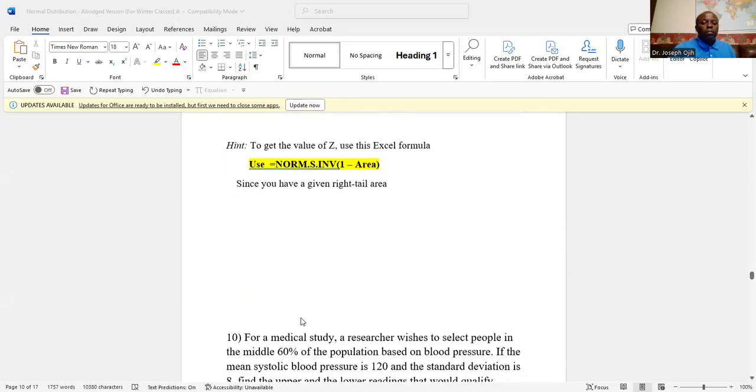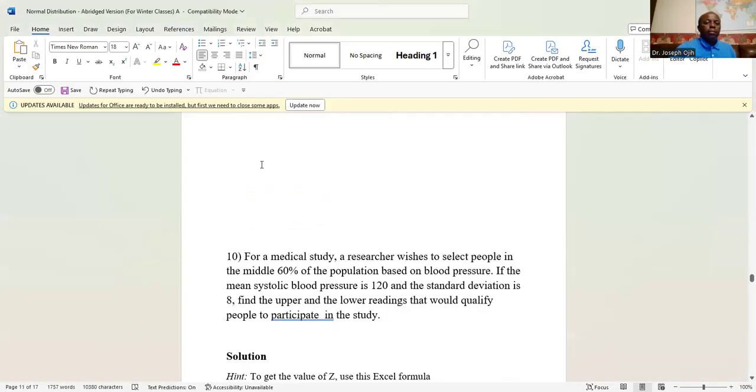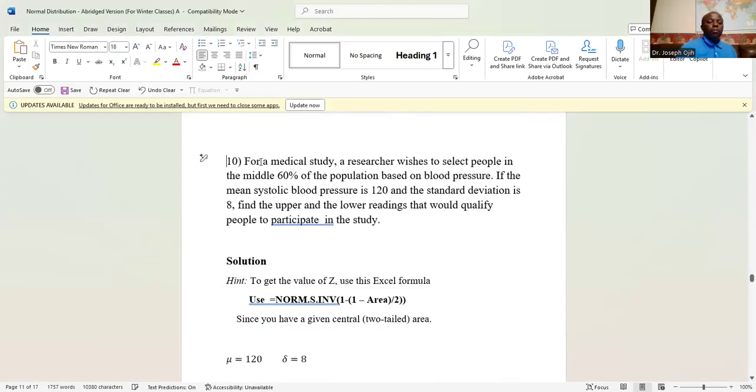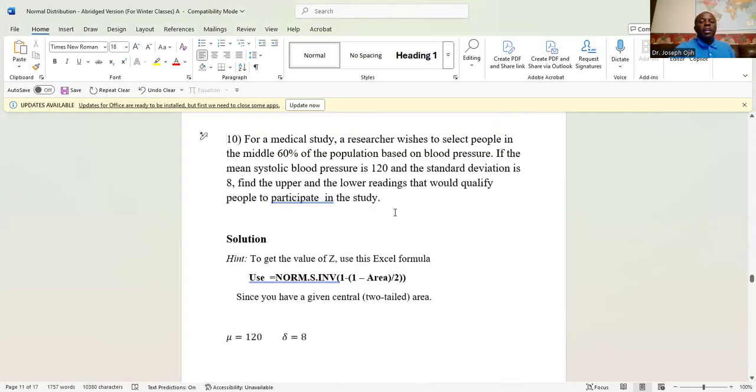Which is this one. It says, for a medical study, a researcher wishes to select people in the middle 60% of the population based on blood pressure. If the mean systolic blood pressure is 120 and the standard deviation is 8, find the upper and lower readings that will qualify people to participate in the study.